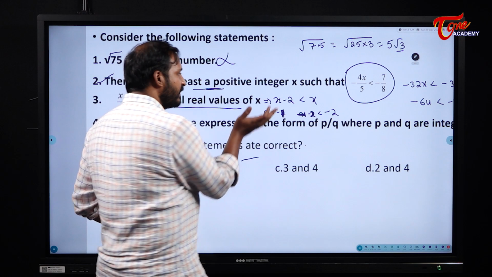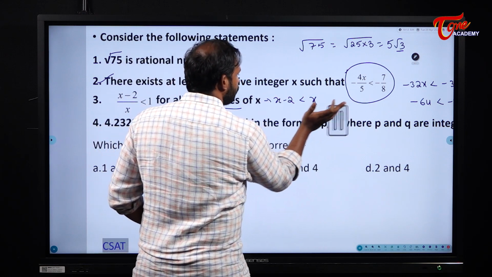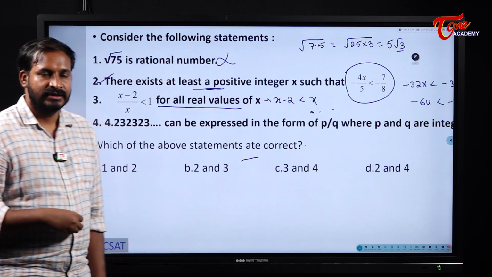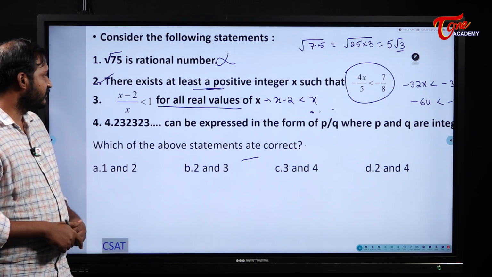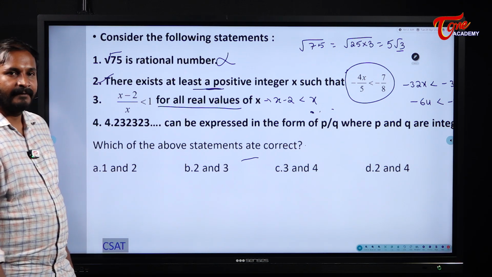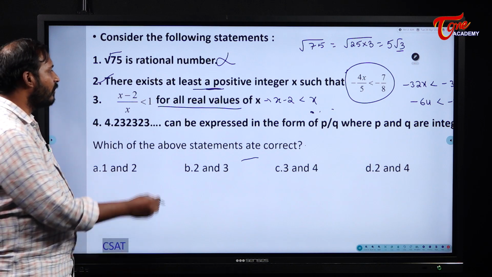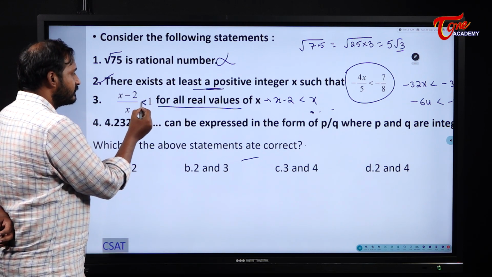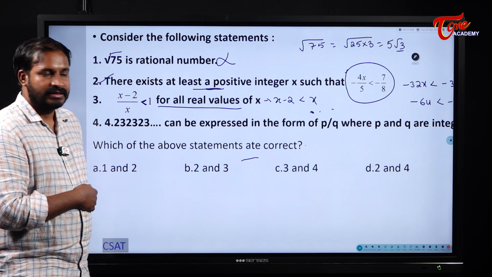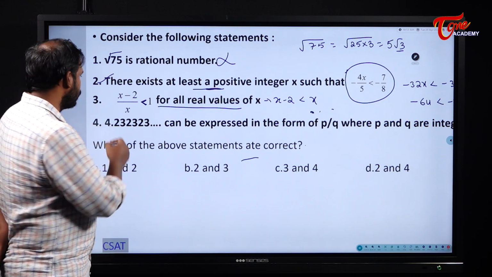If I take other p by q values, is it going to satisfy? Yes, it is going to satisfy all the values of this one. x minus 2 will always be less than x. That is the case he is telling. Yes, it is true.